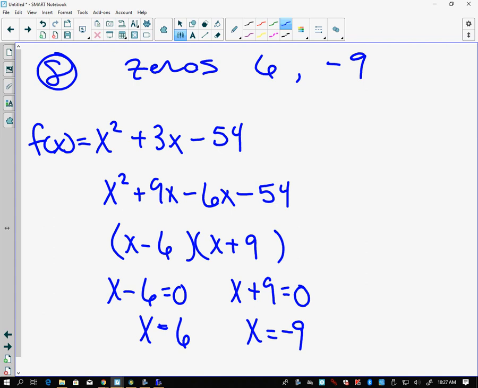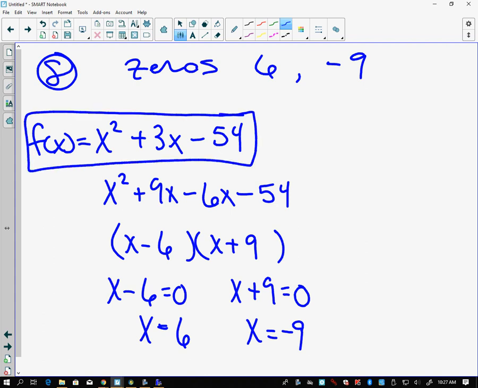Okay? Wasn't the answer x squared plus 3x minus 54? That is not the answer. This is the answer. There will be one that will say equals 0, and there's going to be one that says f of x equals. You want the f of x one. Sorry, that's why I was double checking the answer.